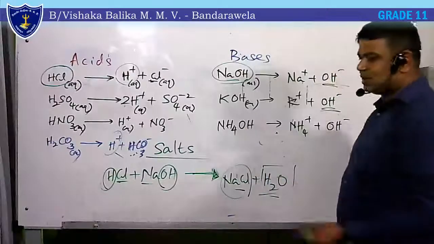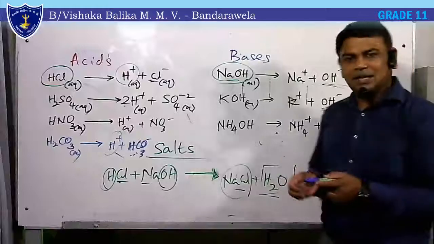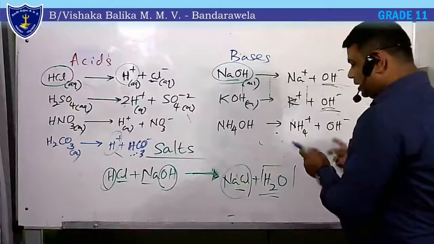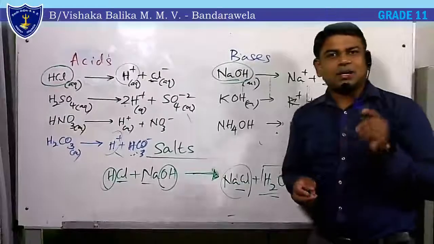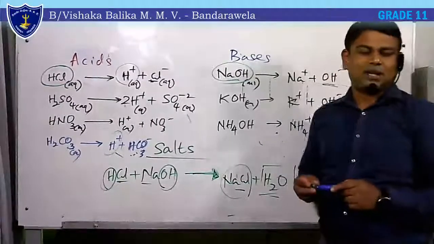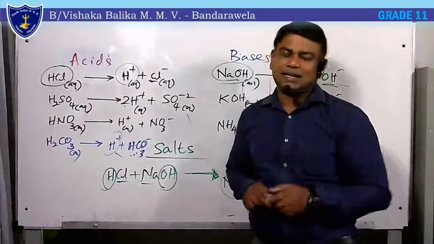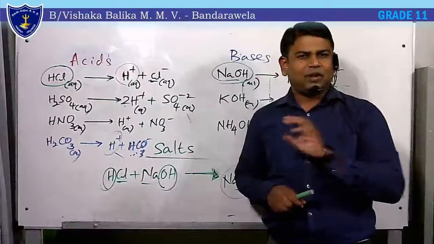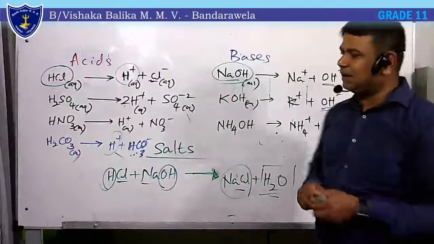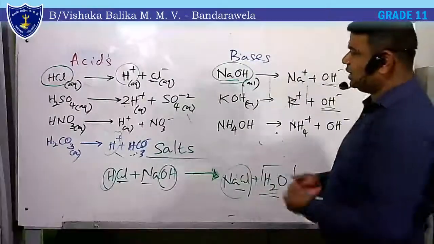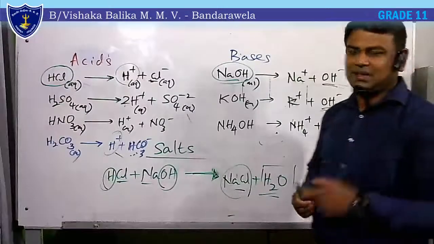Both are neutral substances, as I mentioned in the previous part, and therefore this reaction is called a neutralization reaction. Acid can neutralize a base, or base can neutralize an acid. There are a lot of day-to-day applications of neutralization. We can study that when talking about salts in detail.